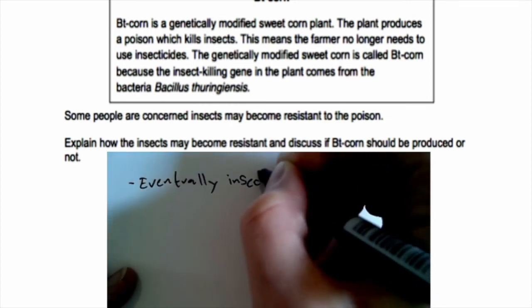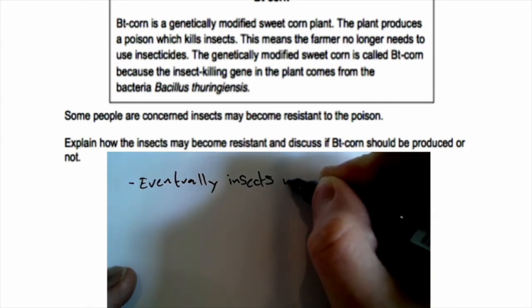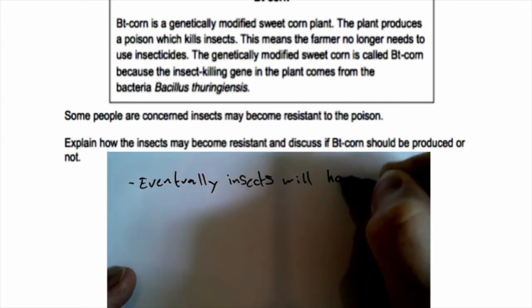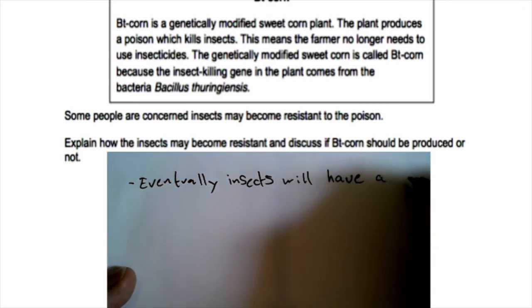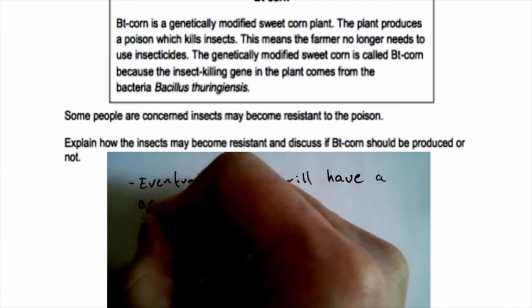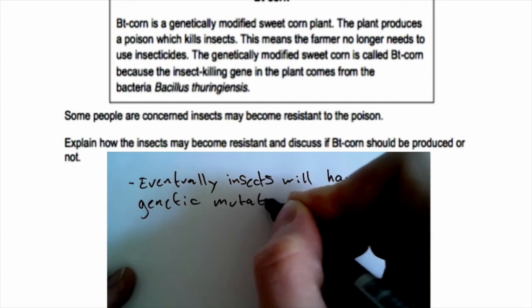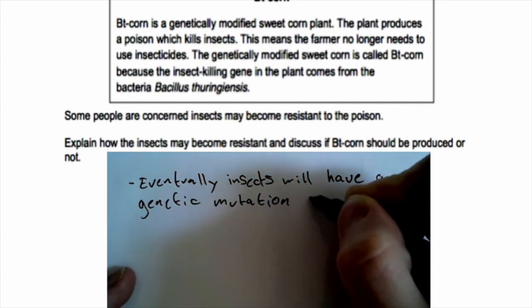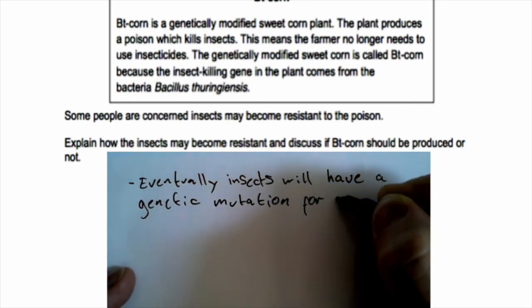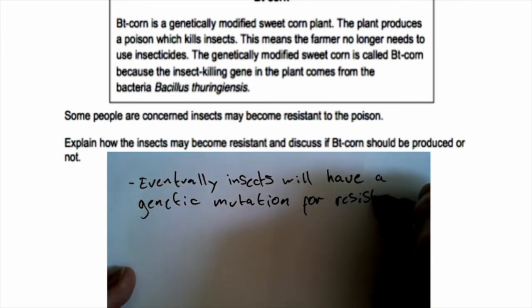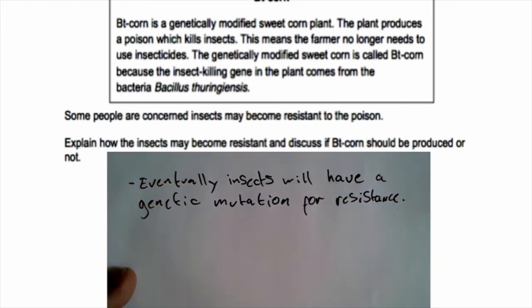Insects will have a genetic mutation for resistance. Okay? Mutation for resistance. It might not happen immediately, but at some point it will happen.